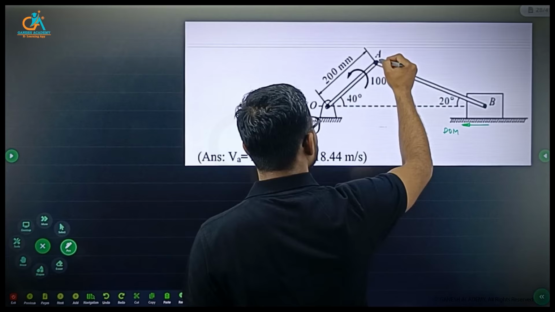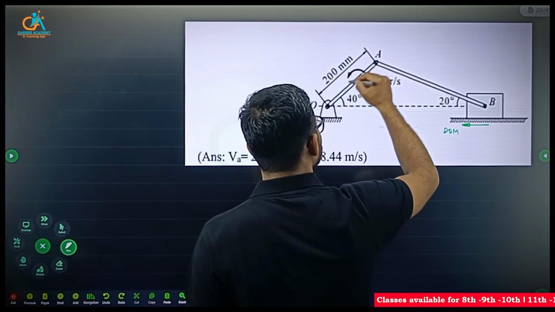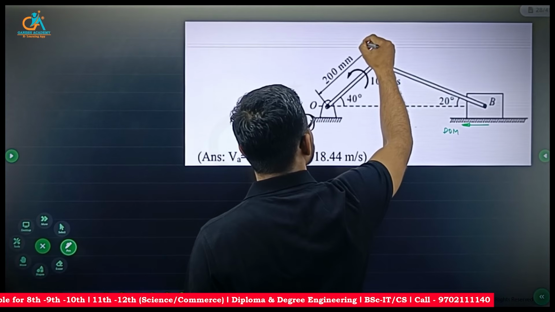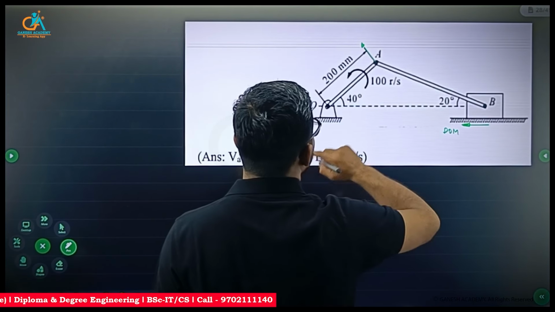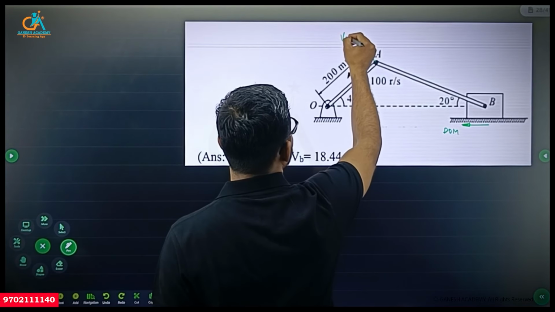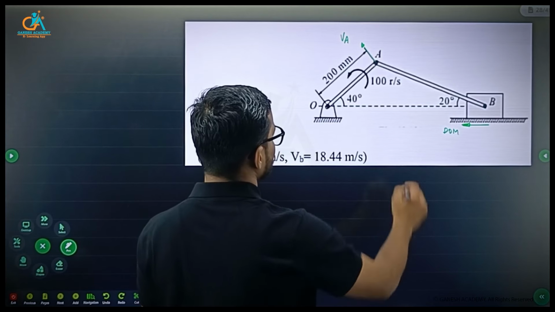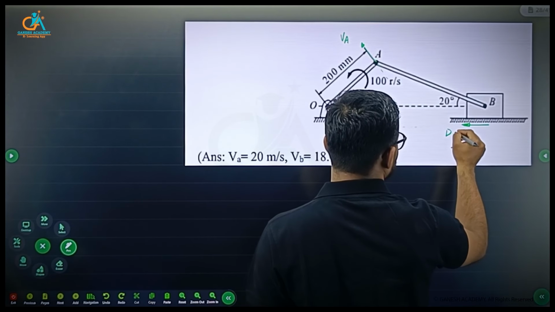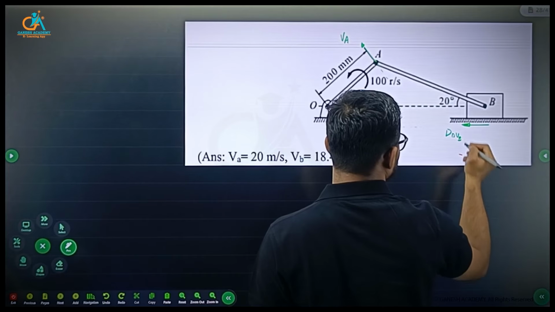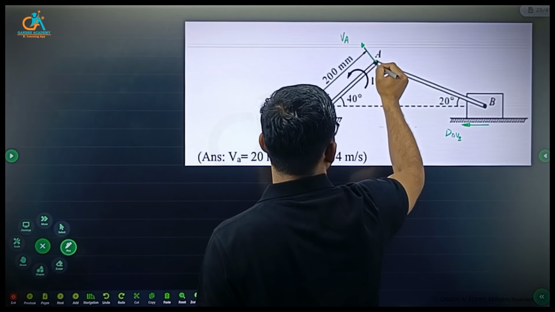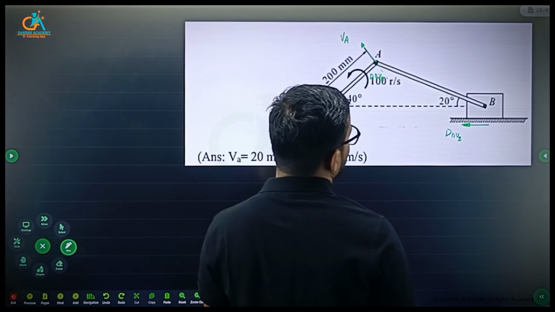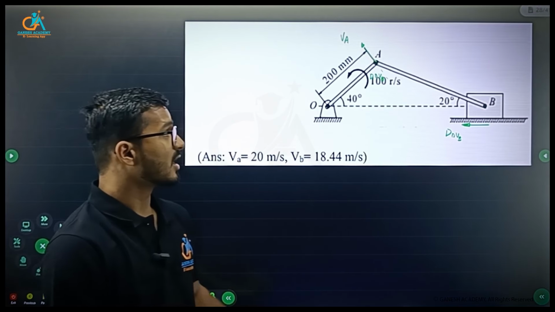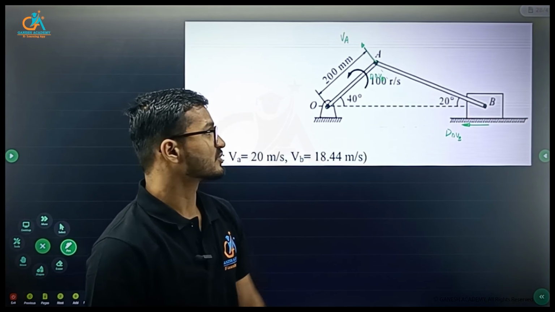Then at particular point A, because of the rotation of OA, the velocity at this particular instant is perpendicular to OA, velocity at A. This is the direction of velocity of A, and this is the direction of velocity of B. And we have to find the instantaneous center of rotation for this particular rod AB, which is in general plane motion.